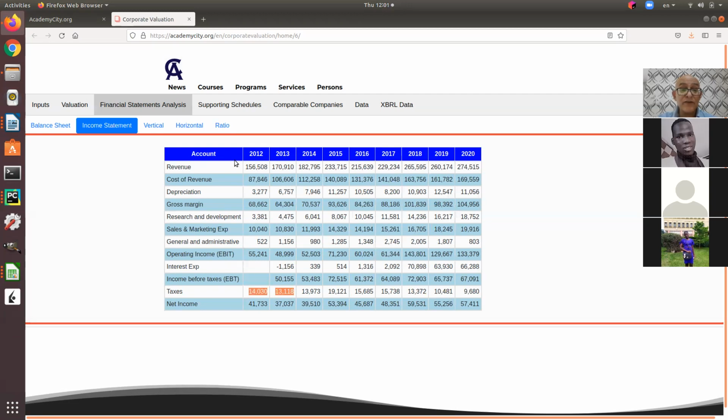The revenue definitely went up substantially, almost doubled. The gross margin went up by 1.5 times, almost 1.6, 1.7 times. We look at their EBIT, used to be 55. Wow, it's almost 3 times. Still, their taxes are relatively smaller than they used to be. That's pretty interesting.